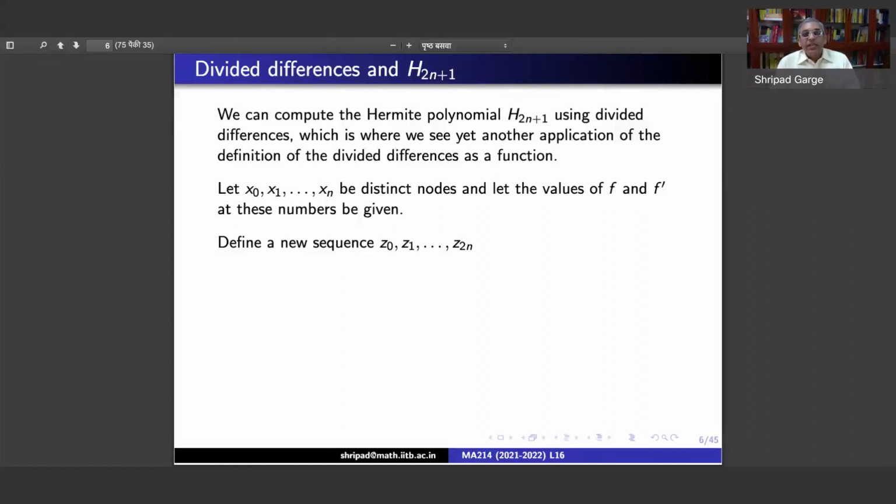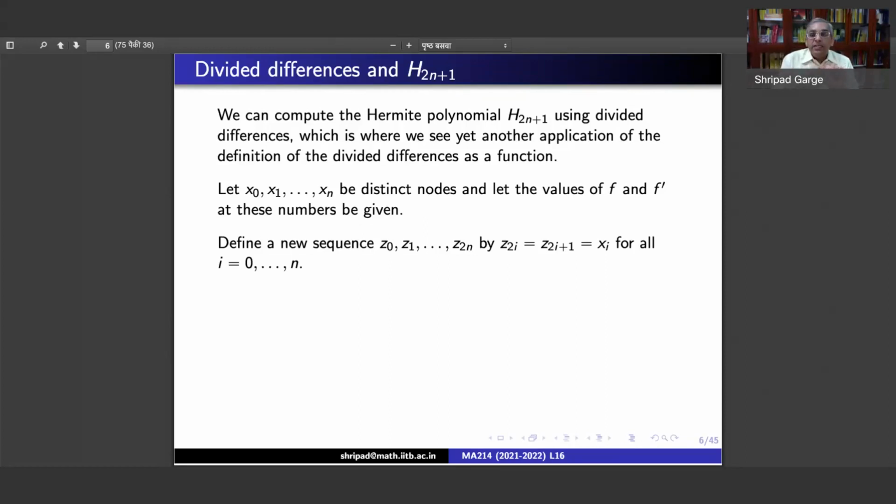That's the only thing. So we have Z0, Z1 up to Z2n plus 1. We started with X0, X1 up to Xn, and we are getting double the number of nodes, and there will be repetitions. What happens is that we start with X0, X0, X1, X1, X2, X2, and so on.